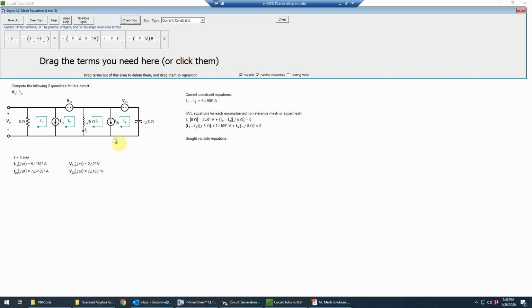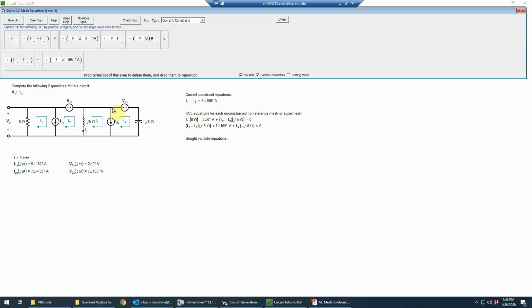And secondly, we need to write a constraint equation for the second current source, I2S. And once again, that links two different meshes, I3 and I4. So we will once again need a difference of mesh currents for that current source, and that will be equal to, again, a fixed value of that current source. And I2S is 7 angle minus 105 degrees, so we'll just go ahead and put that in there.